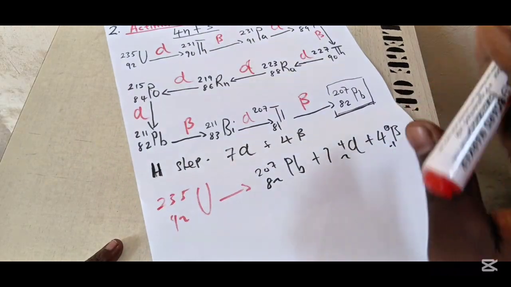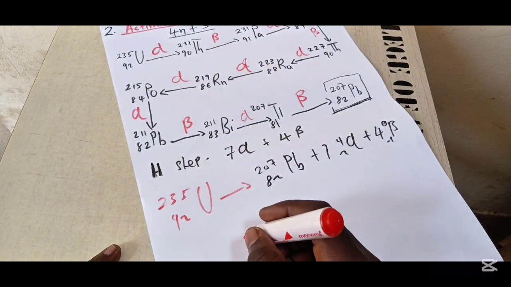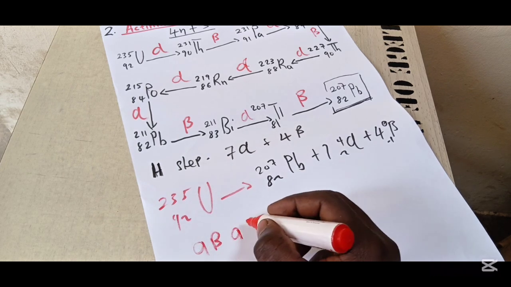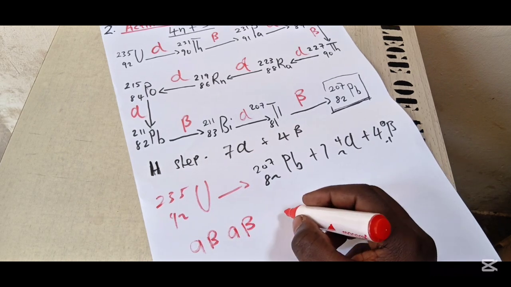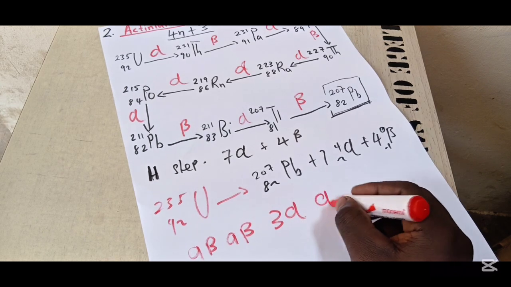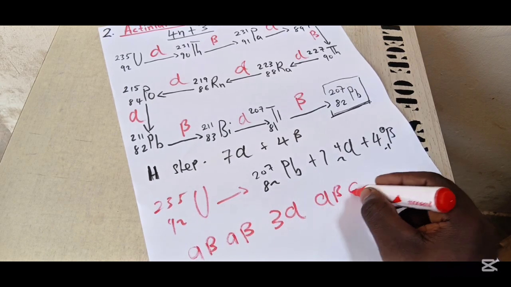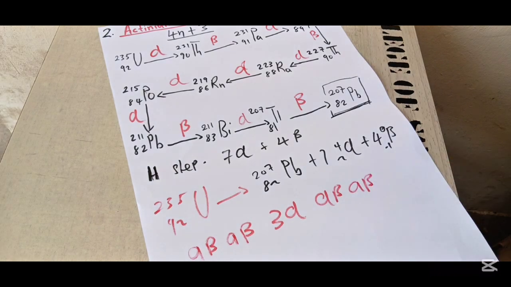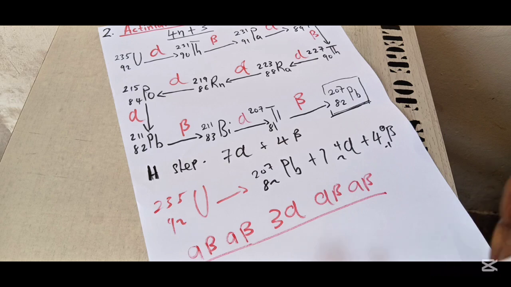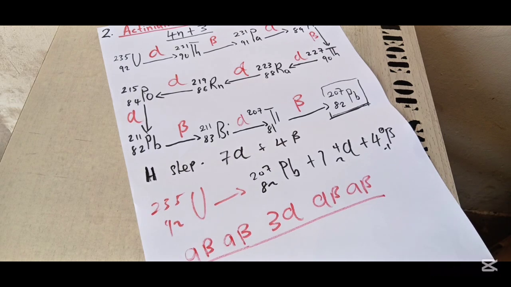So let me write this. We have alpha, beta, and then 3 alpha, and alpha, beta. If you know this sequential order for the actinium decay series, and you also know that we are starting from uranium-235 with atomic number 92.